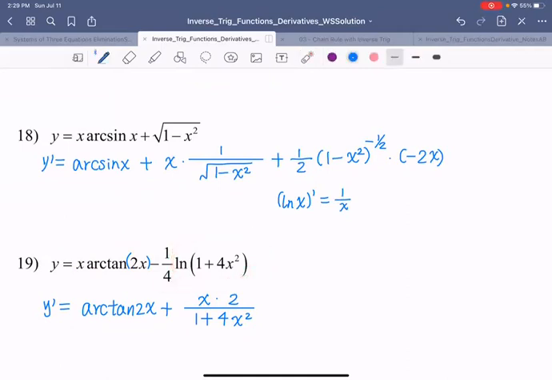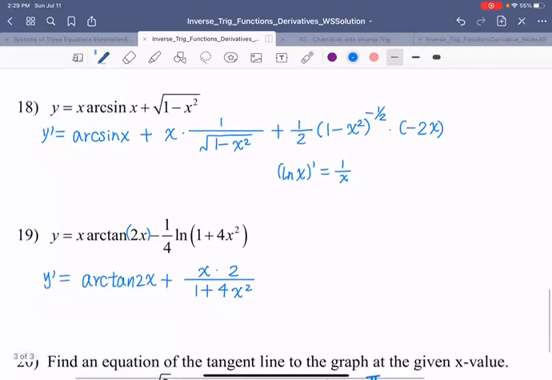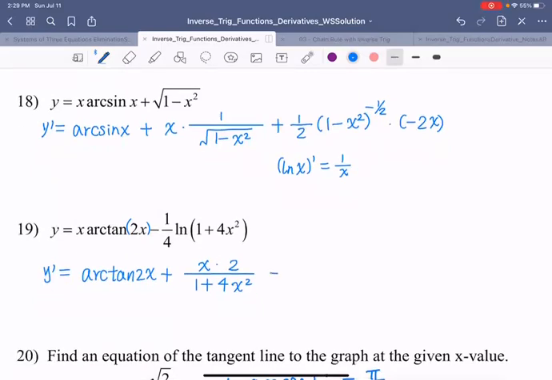Oh wait, so we pulled out negative 1 over 4, but we can just copy everything down. 1 over 1 plus 4x squared, I think. We have to use the chain rule. What should we put on the top? And we put 8x on top. Very good. That guy's derivative is 8x.